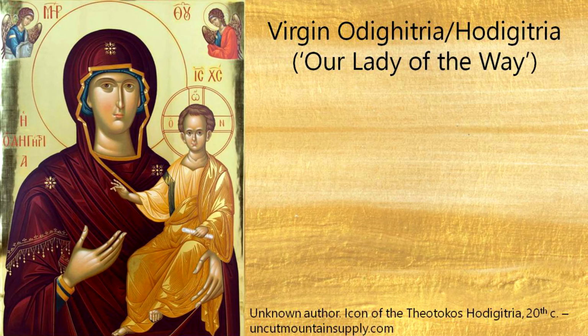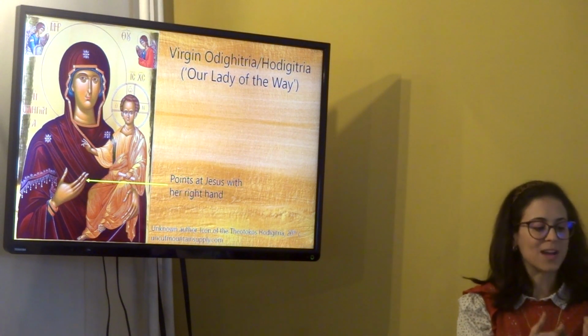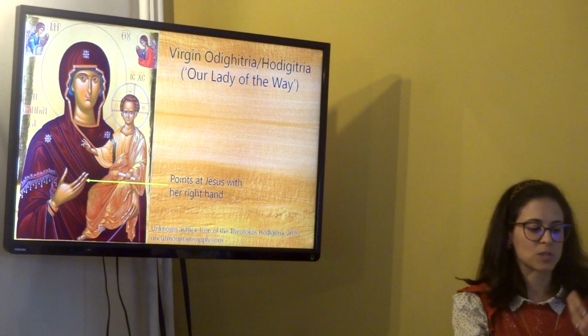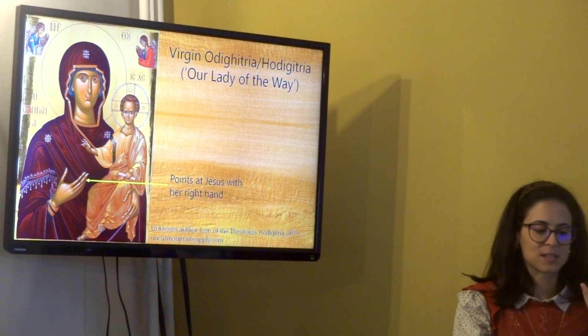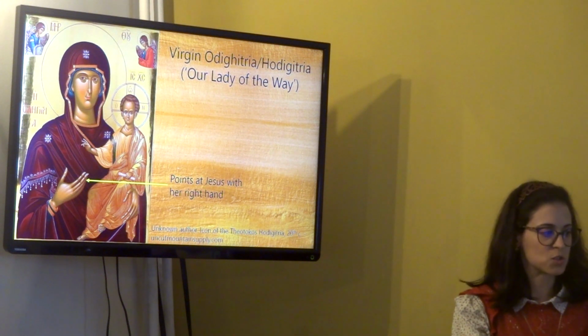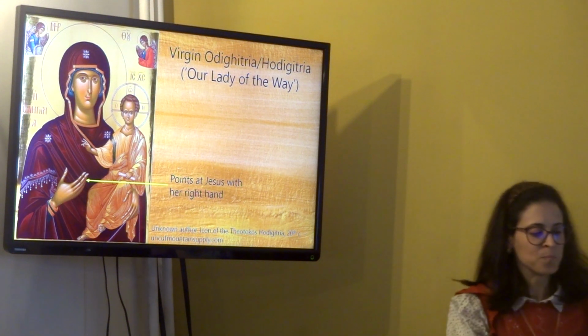Sometimes he looks at her, other times they're both looking at us, like in this case. And in other icons, more than looking at Jesus, we're identifying ourselves with Jesus, like we saw just before in the Eleousa. Although Mary always directs us to her son, specifically on this type, that's what she's doing. And she's saying, don't look at me, look at him.